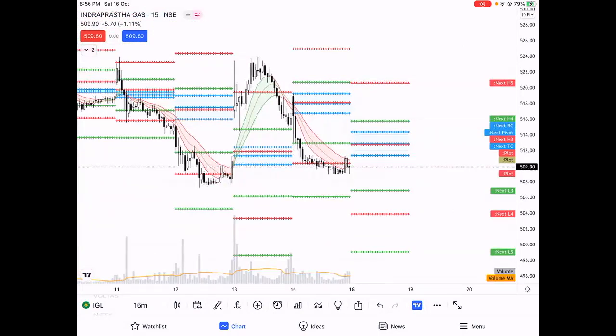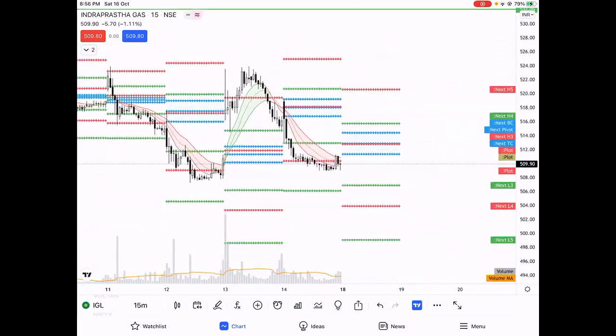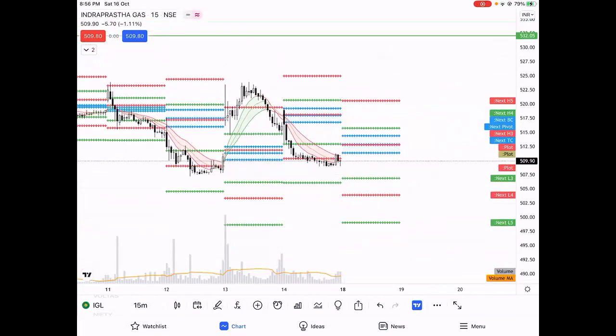Okay, so technically we are here with the new concept, and the most accurate, I'm repeating it again, the most accurate setup of the entire pivot boss concepts is called the golden pivot zone, or you can say GPZ, right? Golden pivot zone. Why it is golden, we will see now, right?